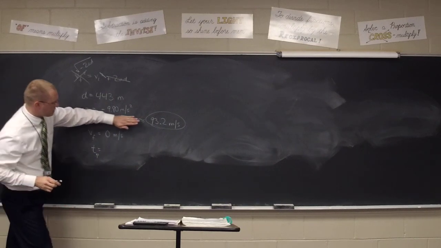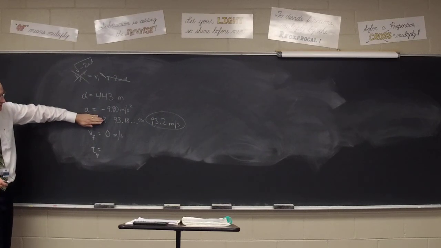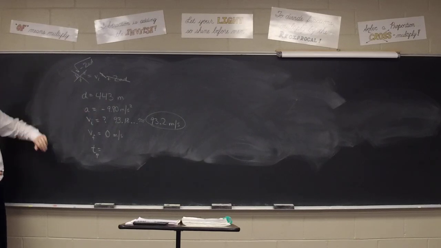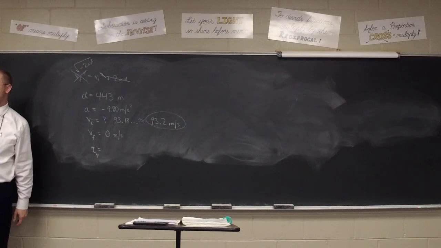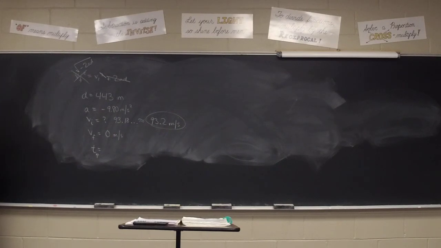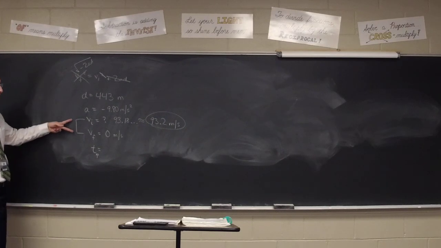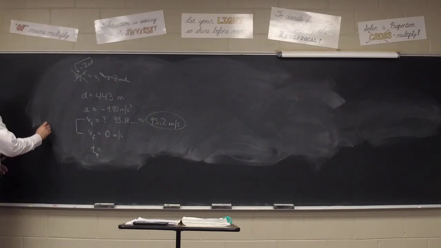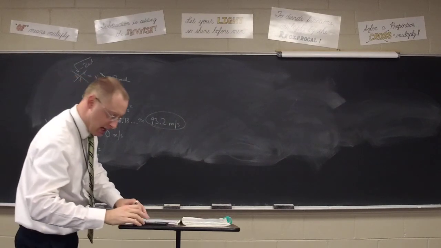Can we do this without using the initial velocity? I don't see a way to do it without the initial velocity. Every equation with t in it has an initial velocity somewhere, or an average velocity, I suppose. But what can we do for average velocity, class? Add and divide by 2. Since the final is 0, we could just cut this in half. If you still have the 93.18 on your calculator, cut it in half.